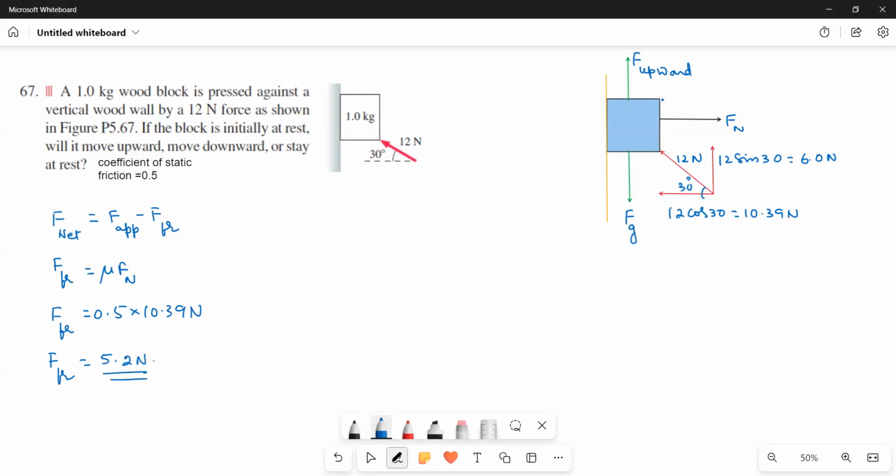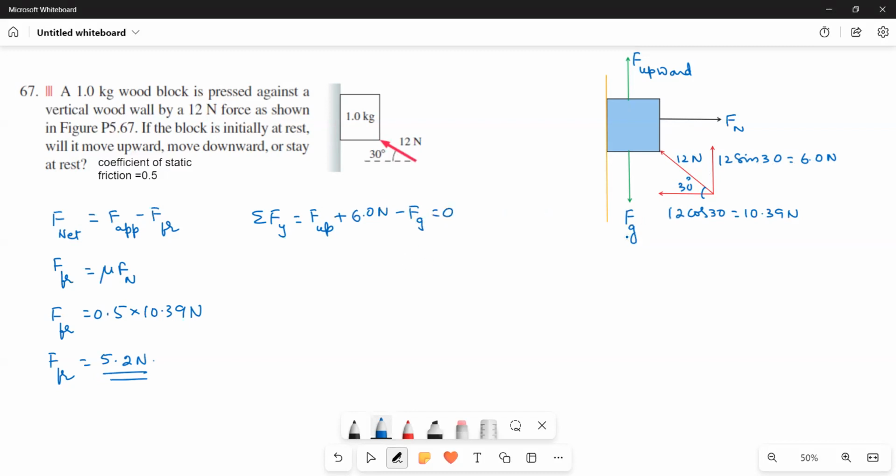Okay, now we will find the upward force. For that, sigma Fy is equal to F upward plus 6 newtons, acting upwards. This is the y component of the applied force, 6 newtons, minus Fg is equal to 0.